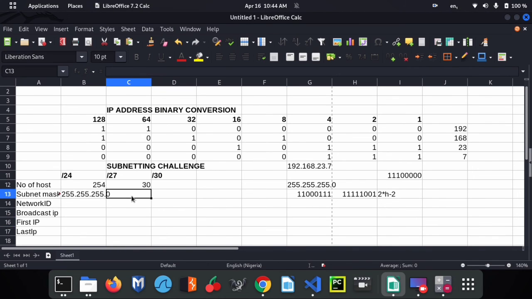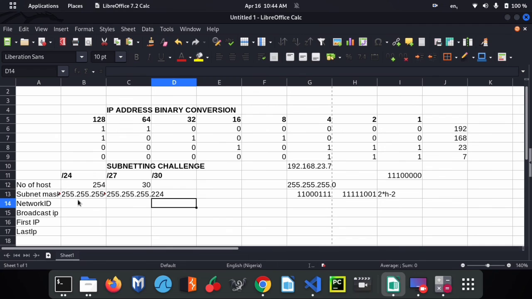So here the IP subnet mask is going to be 255.255.255.224. So that's how you get the subnet mask, and the same thing applies to a /30 as well.